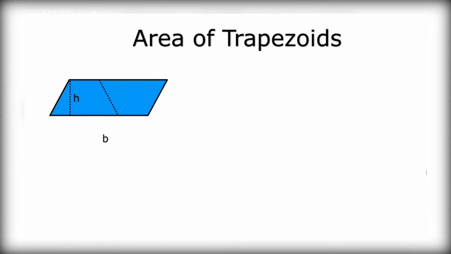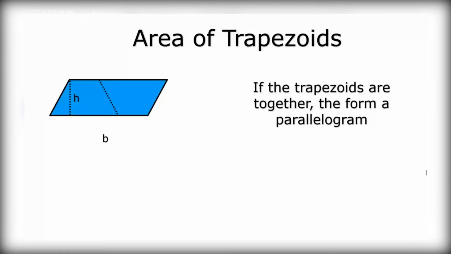And now we're going to get to the shape of trapezoids. And as we can see, if we put two trapezoids together, they form a perfect parallelogram. What does that mean? Well, as we can see, the bases of the two trapezoids are going to be one part of the big base of the parallelogram, and the other side is going to be the top one.